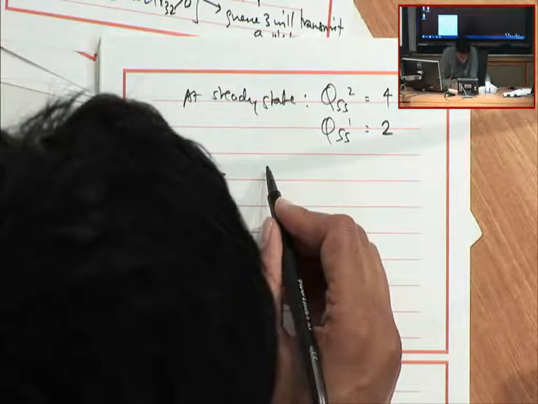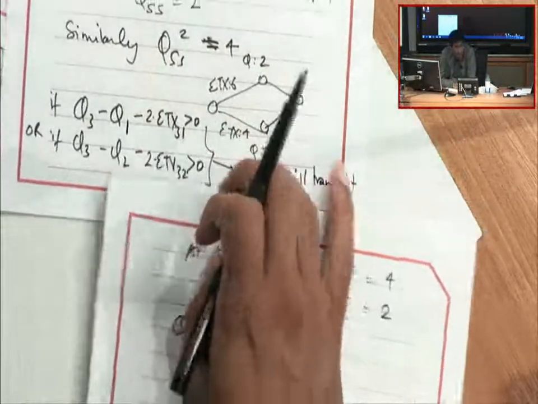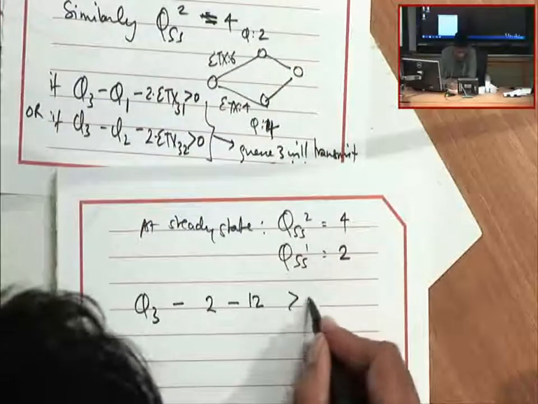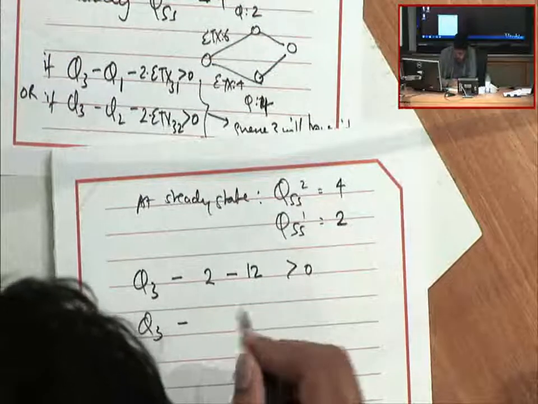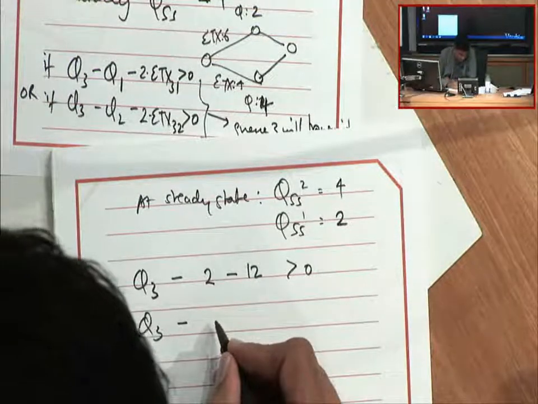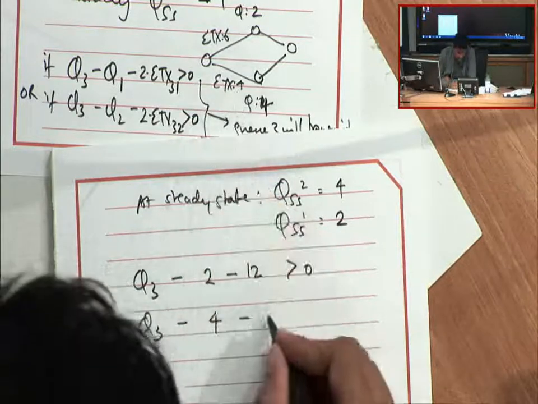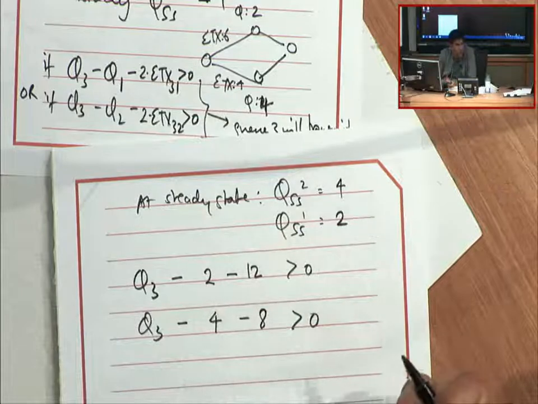So Q3 minus 2 minus 2 times the ETX over here, which is 12, or Q3 minus 4 minus 2 times the ETX here, which is 4, so 8. If either of these two conditions is true, the node will transmit.